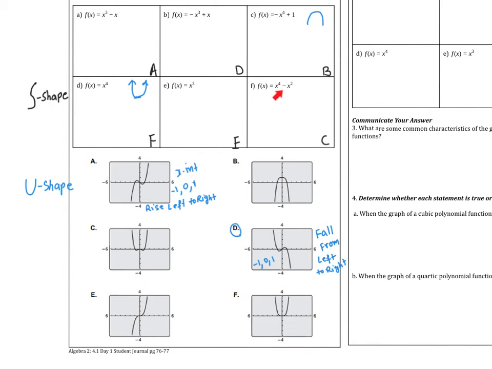This one has something next to it, so x to the power 4 minus x squared. So it's again a U-shaped graph, but then it will most likely be a W type of shape, like that. So anything that has x to the power 4, x to the power 6 is going to be a U or a W shaped graph.